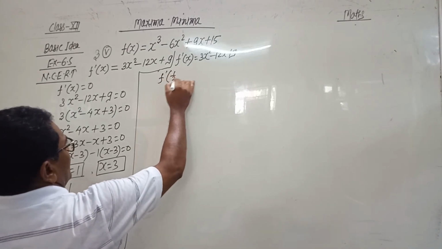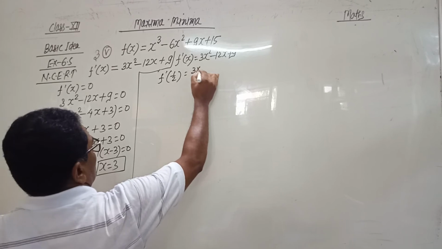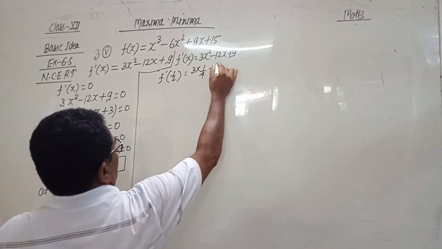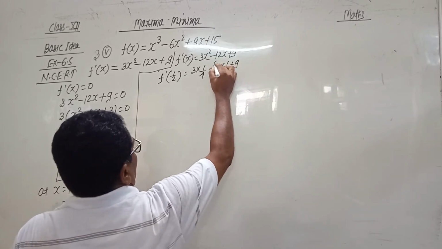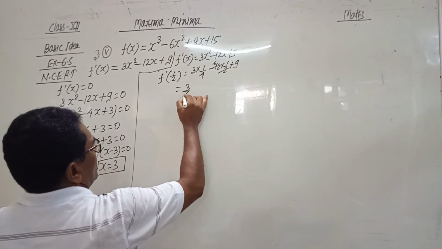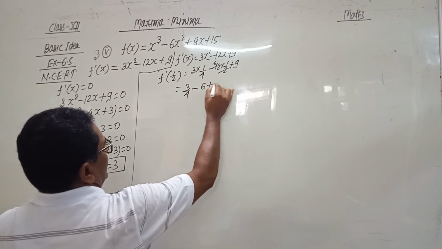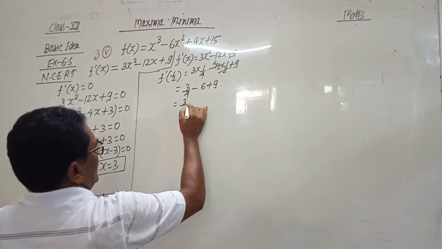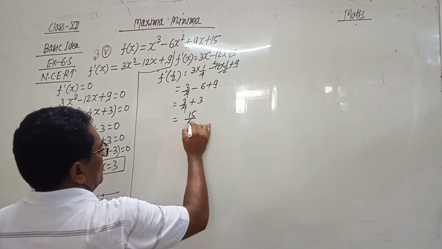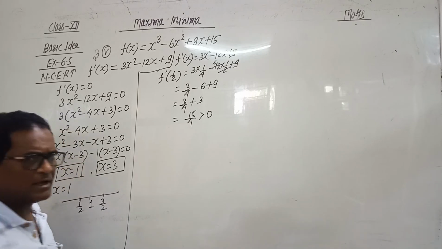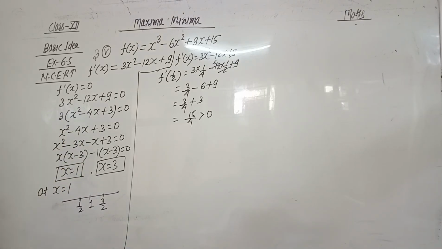So f dash of 1 by 2 equals to 3 into 1 by 2 the whole square minus 12 into 1 by 2 plus 9. We get 3 by 4 minus 6 plus 9. So 3 by 4 plus 3. This is 15 by 4, and 15 by 4 is greater than 0.